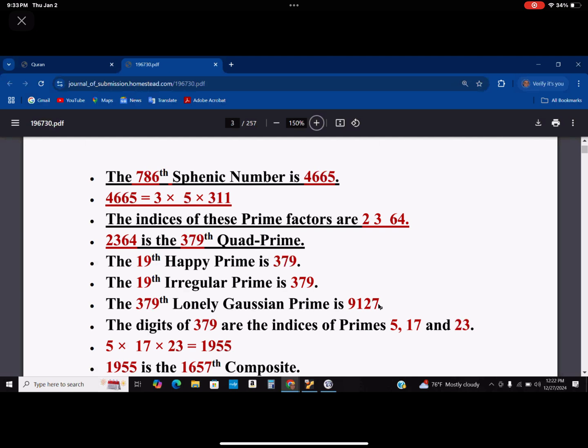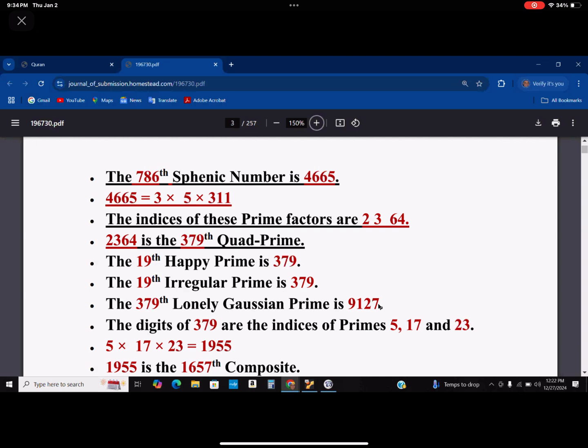We knew about this before, because remember we said that the 19th semi-prime is 55. If we concatenate 19 and 55, we get 1955, and 1955 is the 1657th composite.